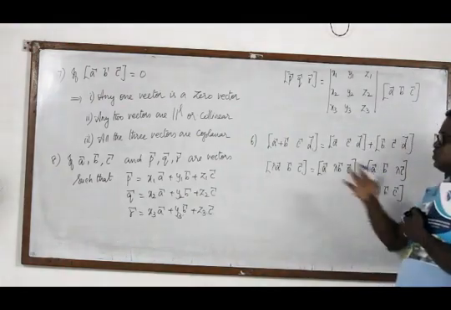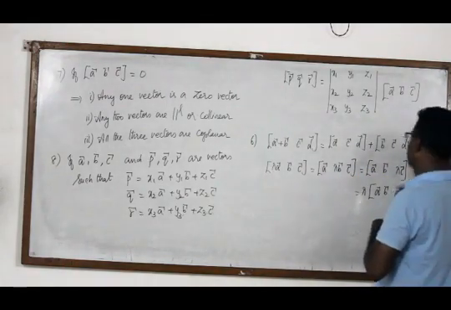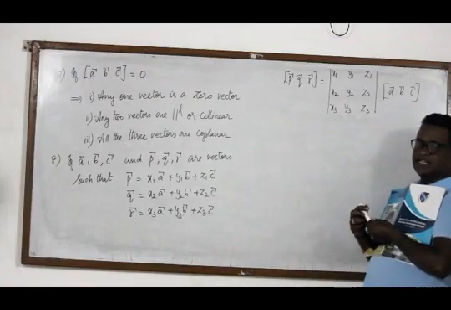This is the connection between two sets of vectors if they are taken for scalar triple product. So with all these properties, we can study this scalar triple product.